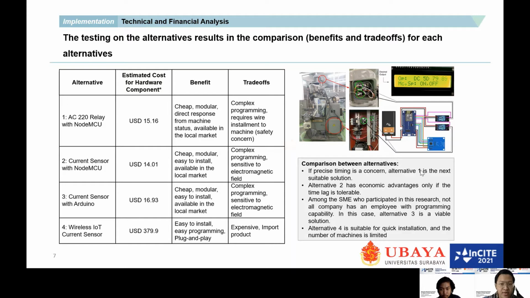Alternative 3 has flexibility for development with the addition of supporting components because it has more input and output pins, while alternative 4 is suitable for quick installation when the number of machines is limited. This comparison can be used as a consideration for companies to choose which alternative can be implemented.